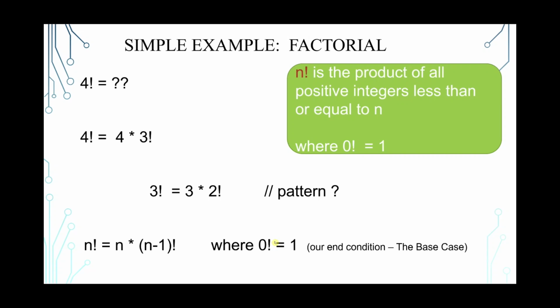So your end condition could be 0 factorial is equal to 1, or 1 factorial is equal to 1. When n reaches that, we stop. We do not call the function again. Otherwise, we do the recursive call.